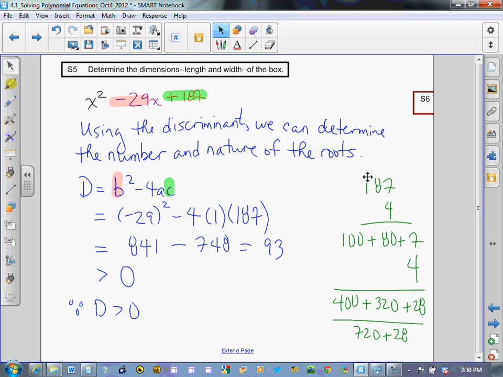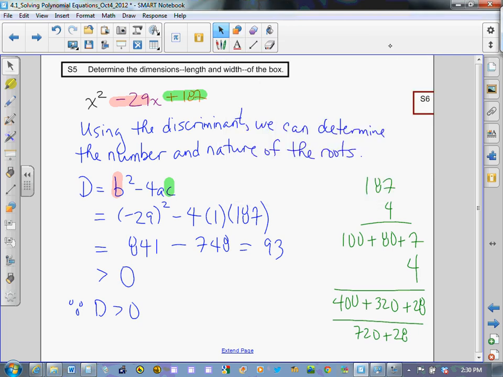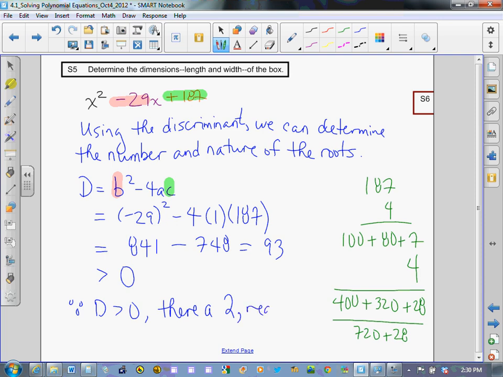So just to double check my subtraction so as not to introduce any false info, my subtraction is great. So since D is bigger than 0, there are 2 real roots.